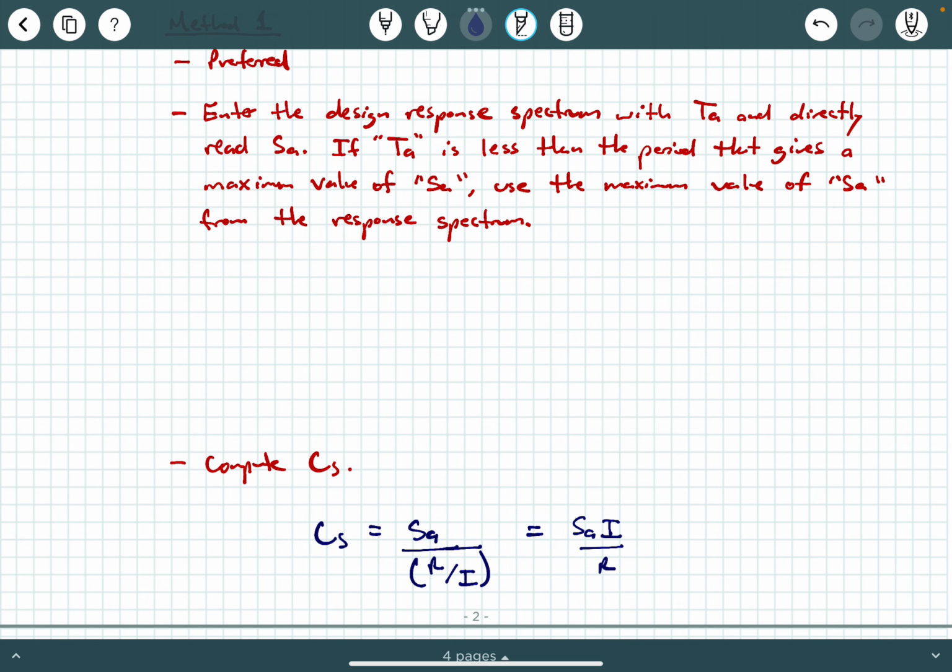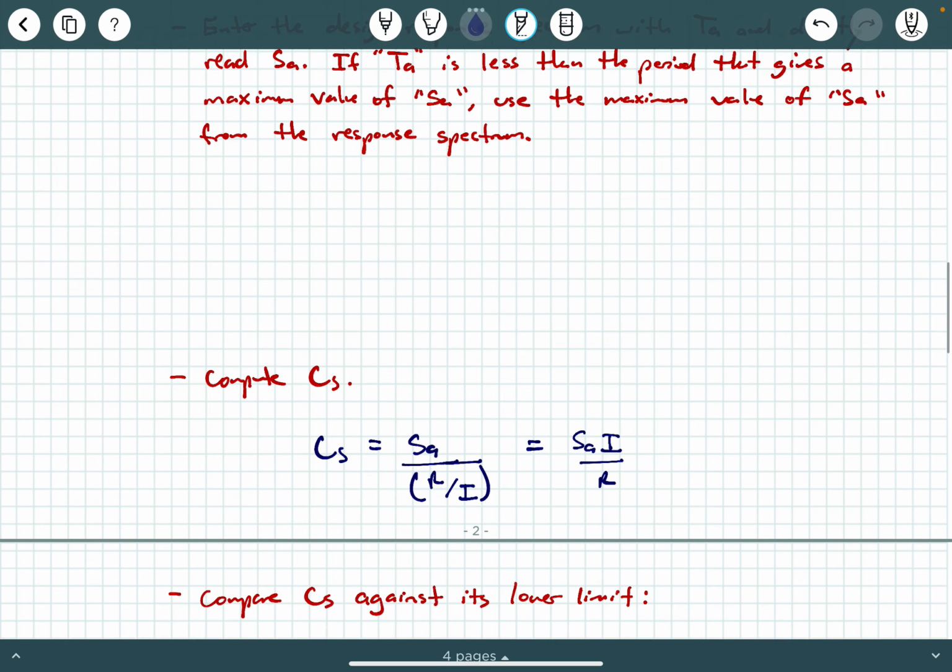If you have a more important structure, like a hospital that has an I value of 1.5, we reduce the structure's ductility. And again, R is a measure of a structure's ductility. That's the reason this is expressed in this kind of fraction. But mathematically, you can write it the other way. That's fine. Just make sure you know what it means.